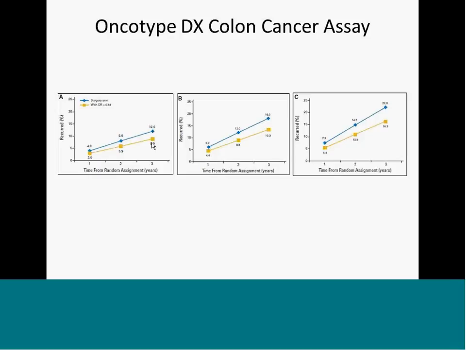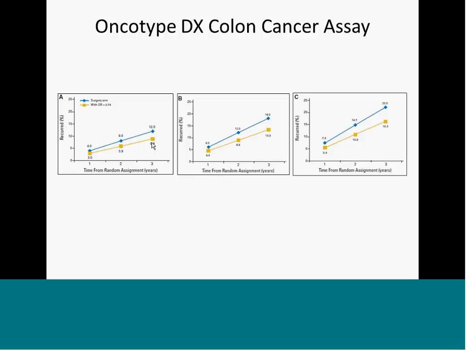We tell them, your benefit is about 20%, but your absolute benefit depends on where you start out. If you have somebody with a recurrence risk of 15%, adjuvant therapy can reduce their risk down to about 12%. If you have somebody with a recurrence risk of 25%, you can reduce their risk down to 20%. So it becomes a conversation with your patient whether or not that absolute benefit is worth adjuvant therapy.